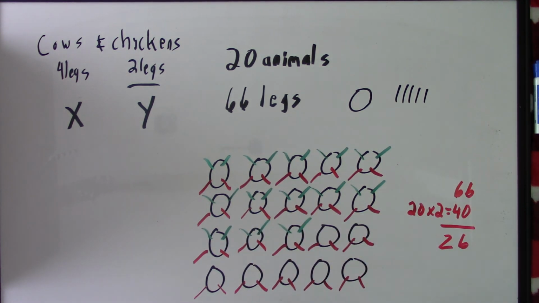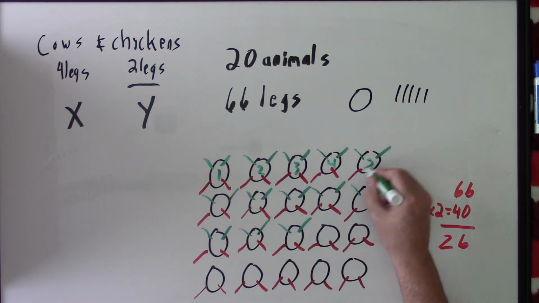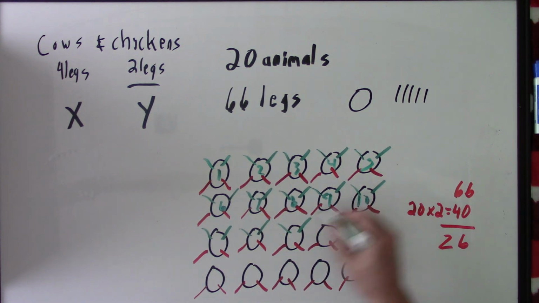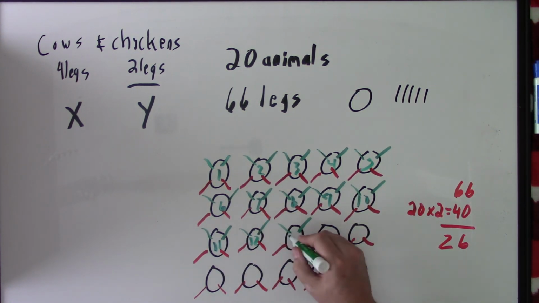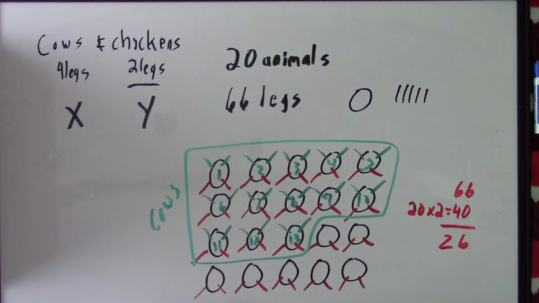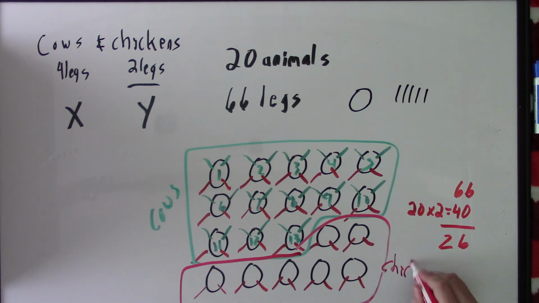I've used all my toothpicks, so there's 13 cows. These are all my cows. And then these are all my chickens.